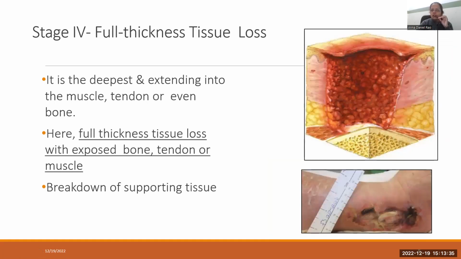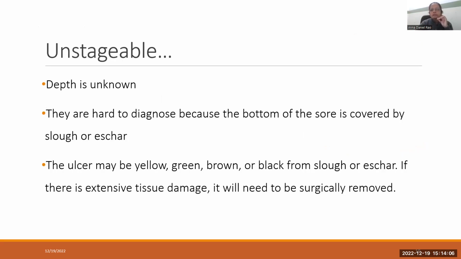Stage 4 is called full thickness tissue loss. Here you can see that muscle, tendon, or even bone will be exposed. The breakdown is quite large, and supportive tissue is also lost here. It may become very large and very difficult now to revive or get healed. There is also another stage known as unstageable.